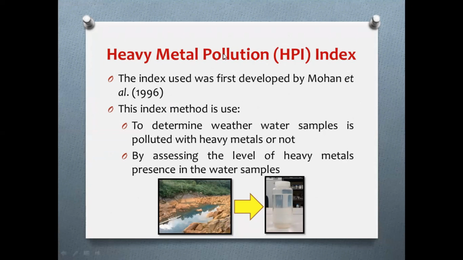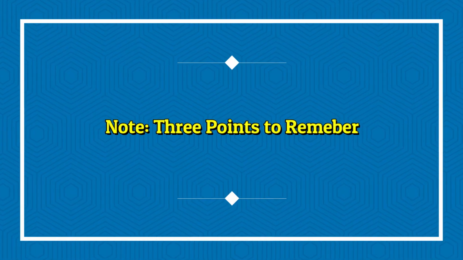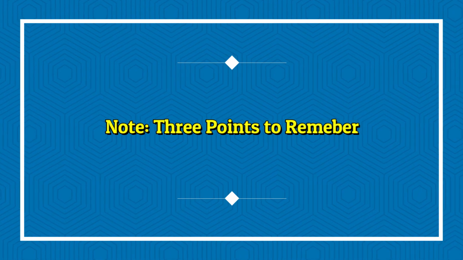Then, the analytical results obtained will be subjected to HPI calculation, after which you will obtain an HPI value, and that HPI value will ultimately provide you information whether the water samples being analyzed are contaminated with heavy metals or not. For this index method, there are three important points one needs to remember.